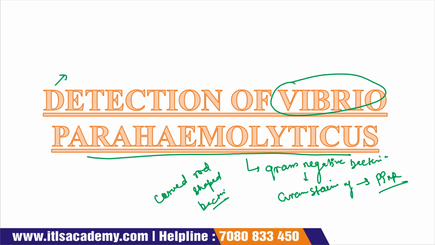When ingestion occurs, it will create a gastrointestinal illness. This type of bacteria is mainly found in the sea, and it causes gastrointestinal illness, which means that if a human being consumes food contaminated by this bacteria, then symptoms occur.